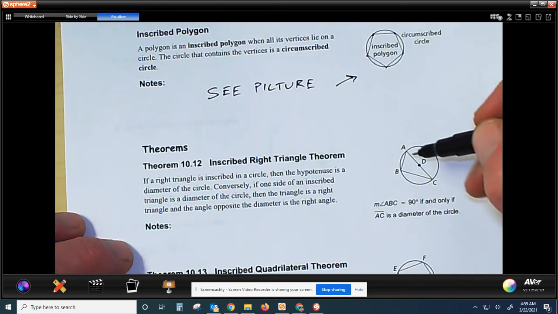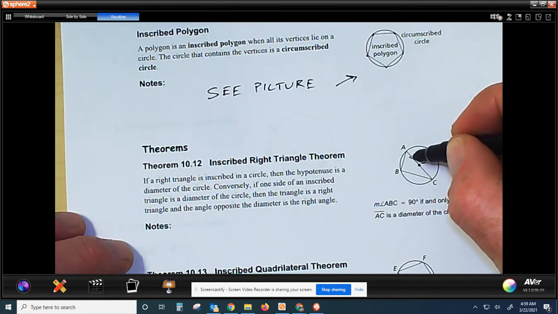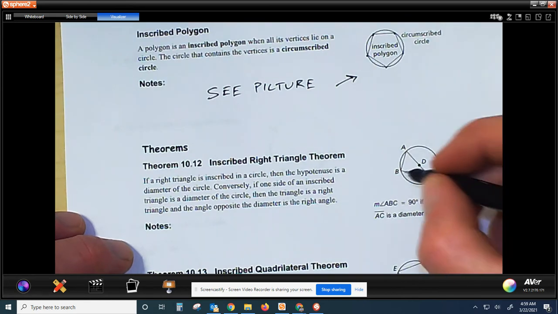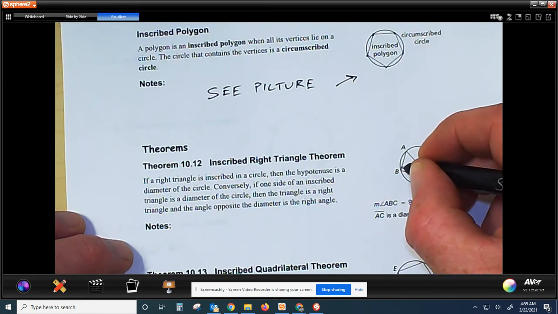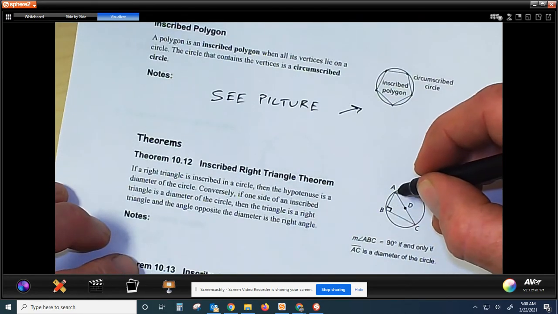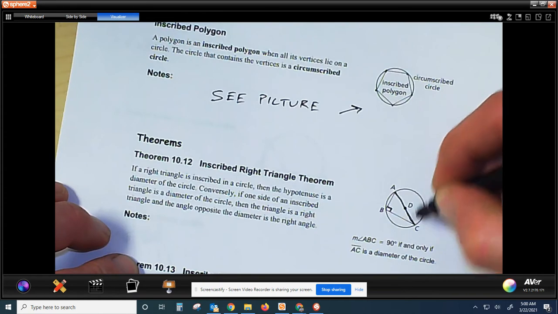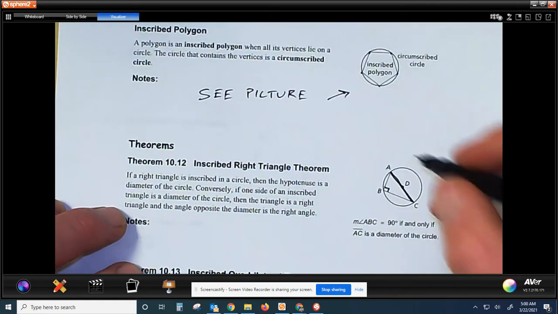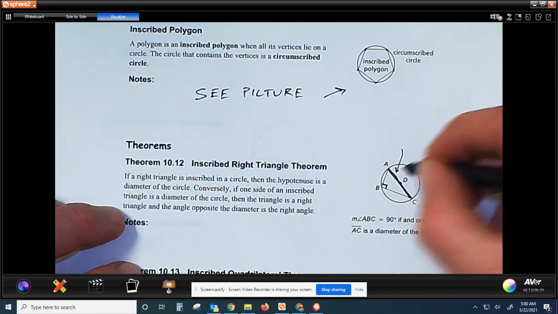So pay attention in problems if you see a diameter featured as part of an inscribed shape. They're saying if this guy is a 90, then this is a diameter. The chord AC is a diameter.